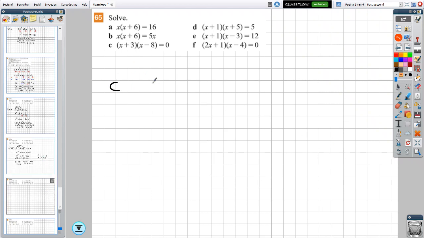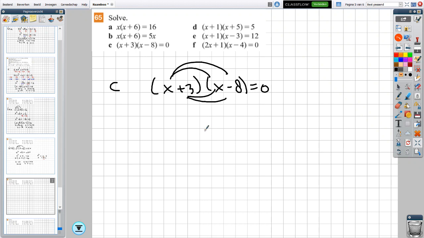C. X plus 3, x minus 8 equals 0. Okay, you think, well, now I'm going to multiply out brackets because that's what Mr. Opstraat said to do. And then I say, yeah, you can do that if you want to, but I know some of my students are quite lazy. Take a quick look. What's exactly stated here? Something times something is 0.